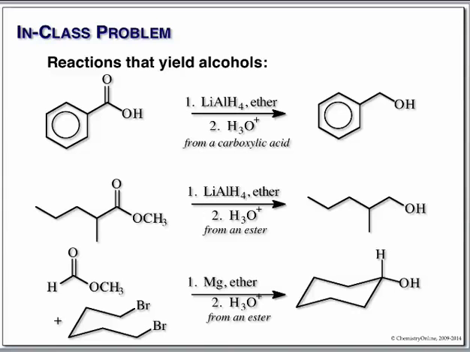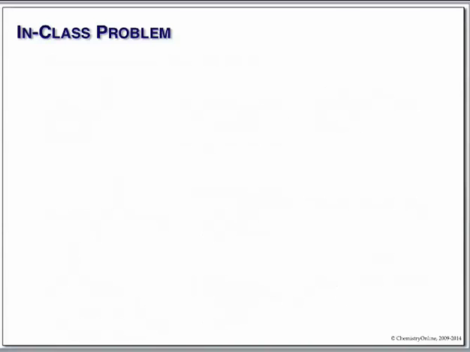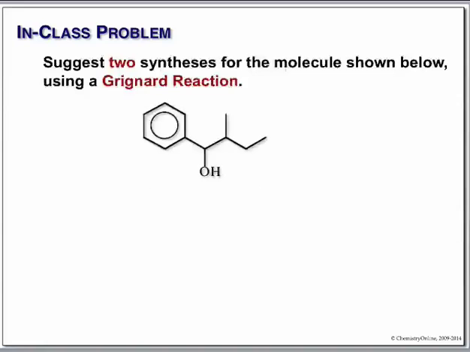Now, one of the neat things that we learned about the Grignard reaction is that there are 2 pathways to prepare an alcohol from a ketone or aldehyde from a Grignard reaction. There are always going to be two pathways.